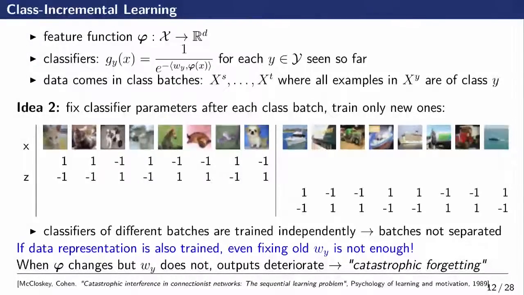And if your feature vector changes arbitrarily, but the weight vector is not changing anymore, then the results will still deteriorate, even if we never change the W vector anymore. And this is a very classical effect, sometimes called catastrophic forgetting or catastrophic interference, saying that if you continue learning the representation, then the quality on the old classes will get worse and worse.